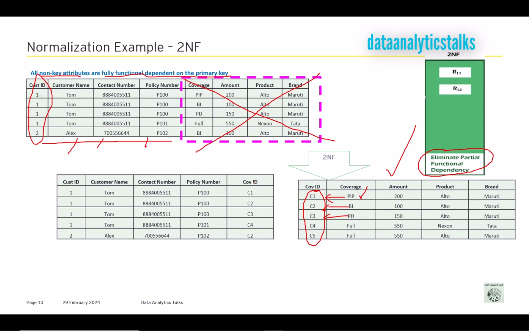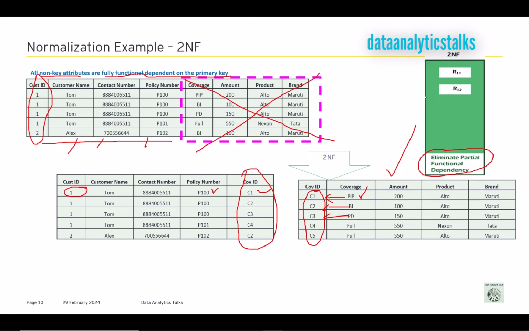Again, this customer one with the policy P100 with coverage, these are all dependent on the customer, right? We will understand that this customer has a policy and this customer has a coverage, and this becomes a foreign key for the customer table, right?